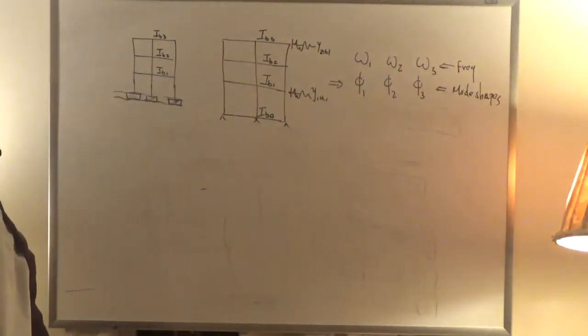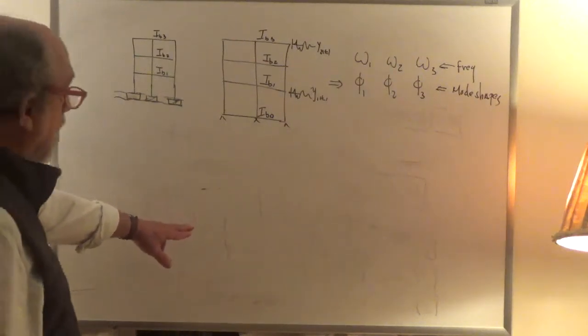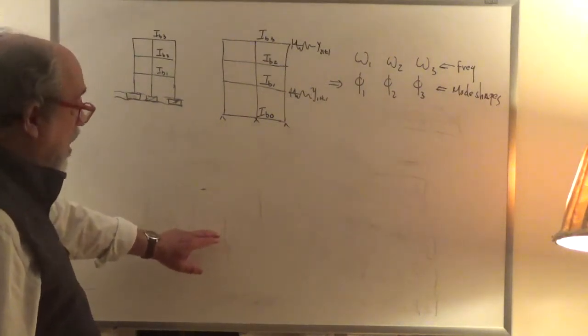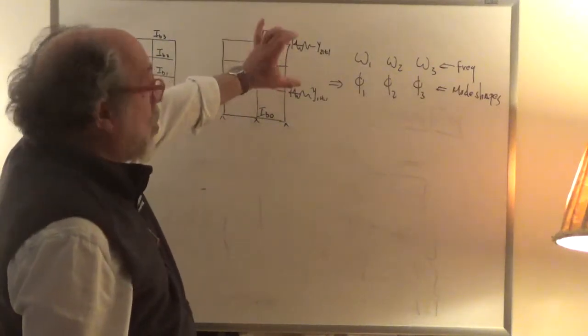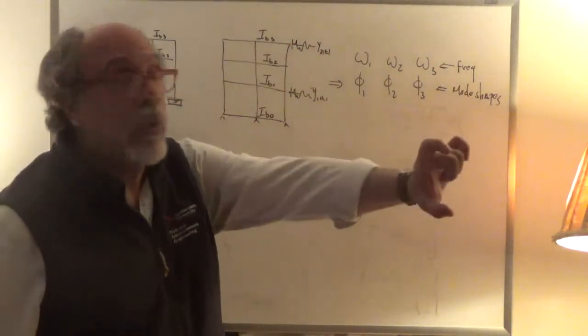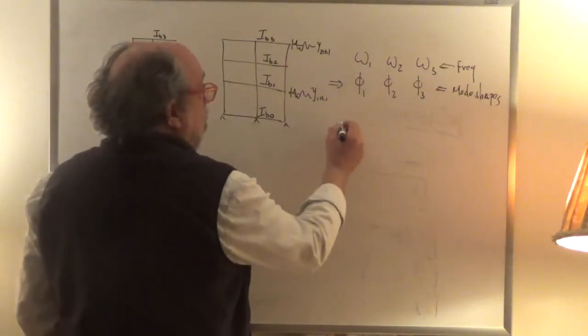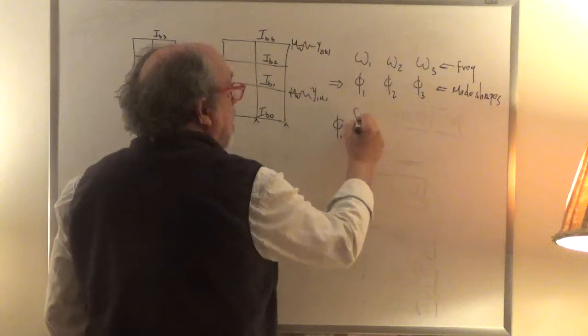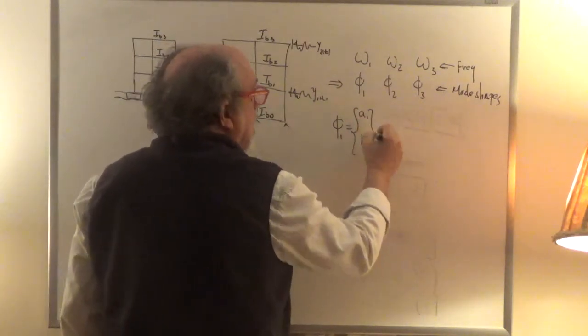I'm sorry, I made an error here writing, because I wrote 3 numbers when in fact I only have 2 sensors. So my C matrix only has 2 rows, so my mode shapes are really 2 values. My phi 1, for example, is A1, B1.